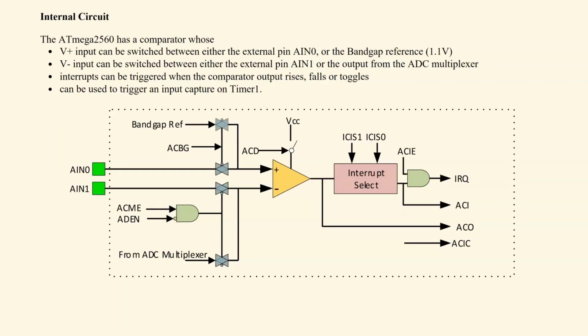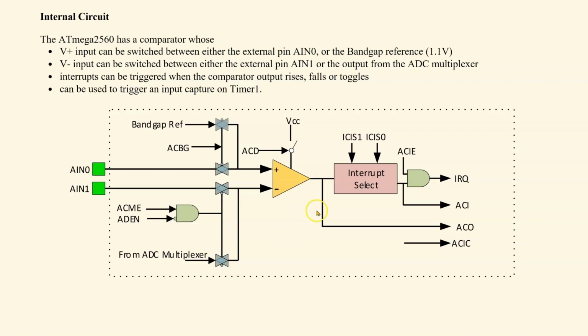We can look at the internal circuits of the comparator. The op-amp is shown here, where V plus can be switched between the external pin, AIN0, or a reference voltage called the band gap reference. V minus can be switched between an external pin, AIN1, or an input from the multiplexer.